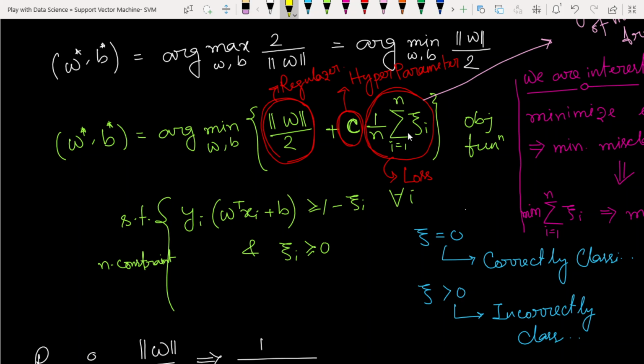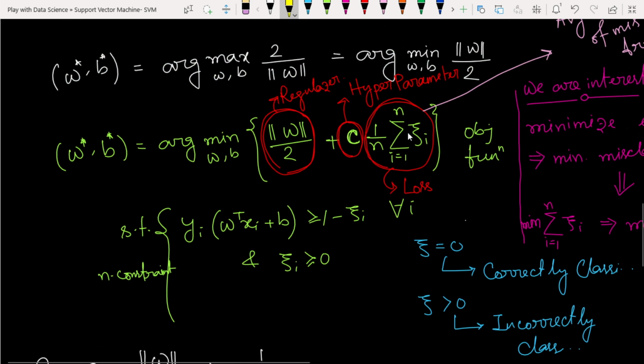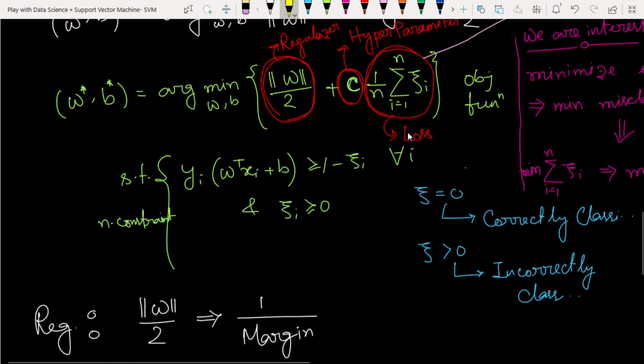This is the main beauty of mathematics. Our target is always the same, but we come to it in different directions and reach the same goal. Our main aim is to minimize the error: maximize our correctly classified points and minimize our misclassified points.